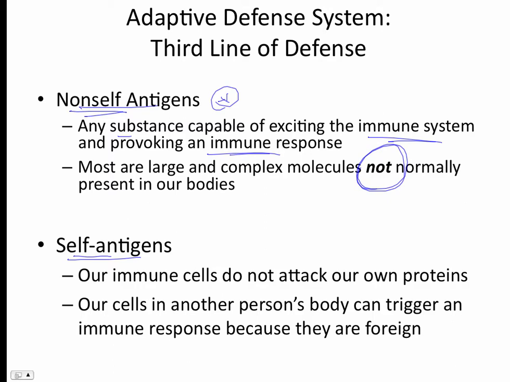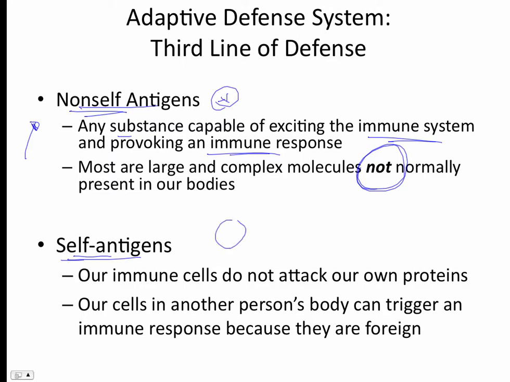You want to be able to suppress your own body's immune system so you can accept a foreign tissue type and not reject it. Now we also have self-antigens, and these are on your own individual cells. This is really what makes it able for you to accept and reject tissues within your body, and this is what restricts all those donors for transplantation.